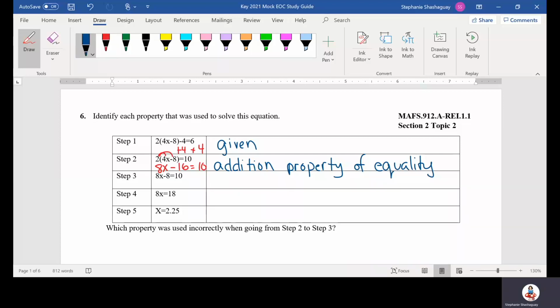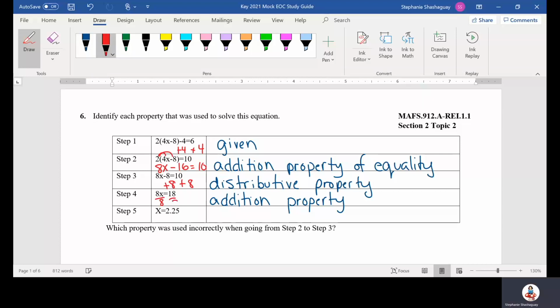So they used the distributive property. And from step 3 to step 4, they added 8 to both sides, so they used the addition property again. And from step 4 to step 5, they had to divide both sides by 8, so they used the division property.